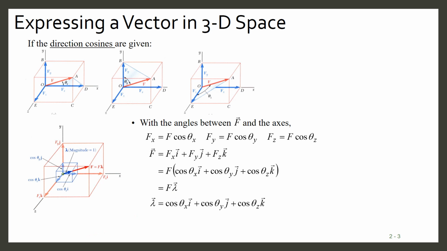You can write the term in this bracket as lambda, where lambda is cos theta x i plus cos theta y j plus cos theta z k. So if you know the angles from all three axes, you can simply calculate lambda, and you can write F as F into lambda. This is how we can express it if we know the direction cosines.